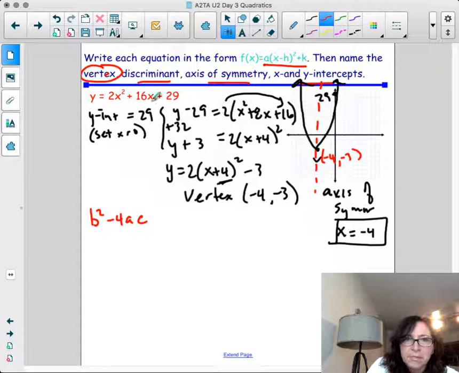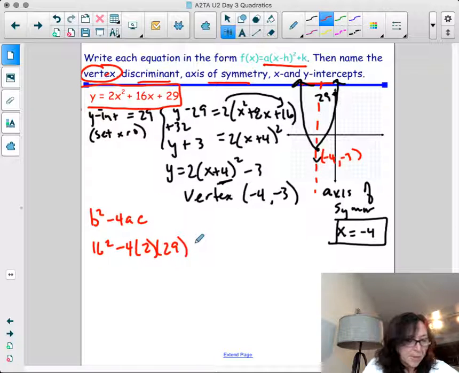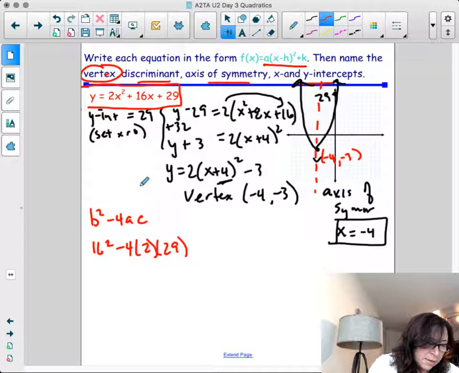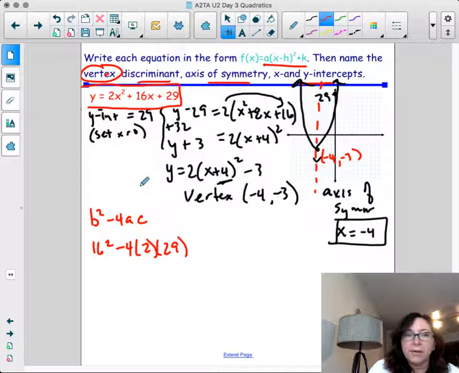For b squared, go back up to the beginning, this equation right here. b squared, so that's 16 squared minus 4 times a, which is 2, times c, which is 29. So that's going to be 256 minus 4 times 2, which is 8 times 29. And that becomes 24.